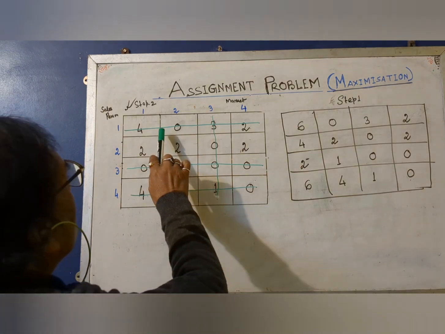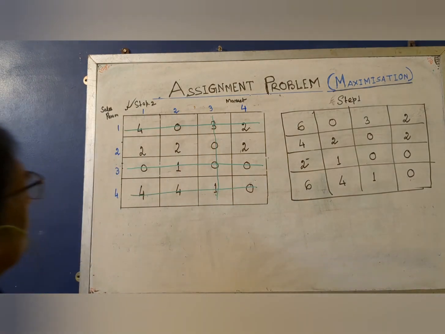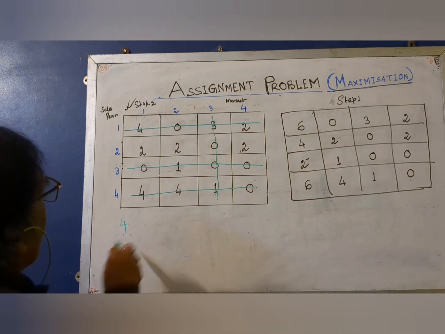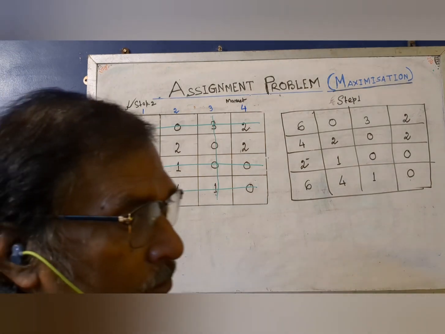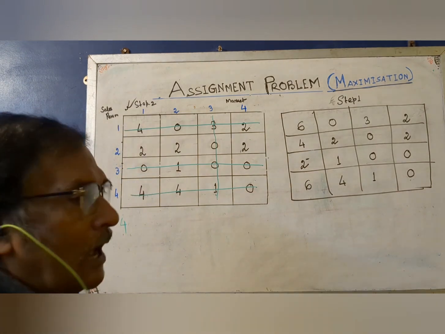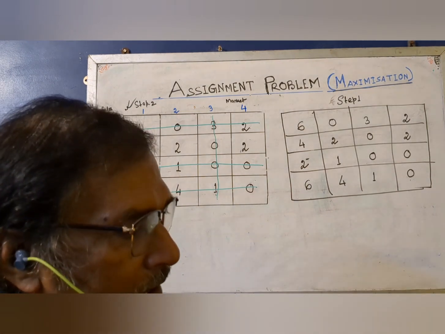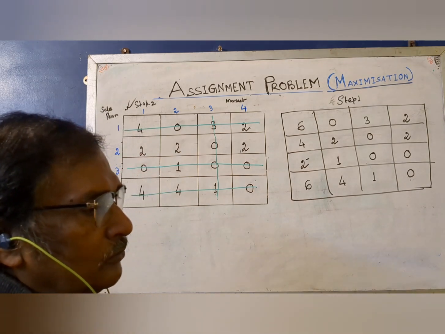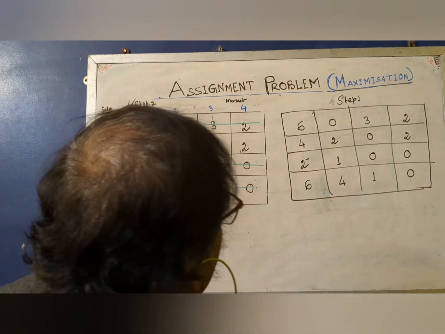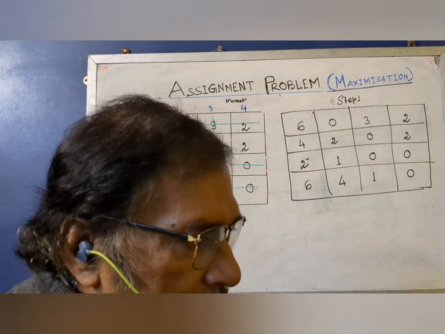How many lines are required? 1, 2, 3, 4. That means four lines are required to pass over all the zeros. And our criterion for optimum is that if the total number of horizontal and vertical lines is equal to the order of the matrix, then you have reached the optimum.